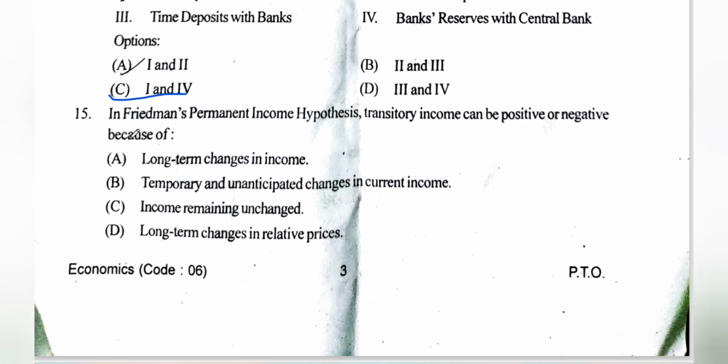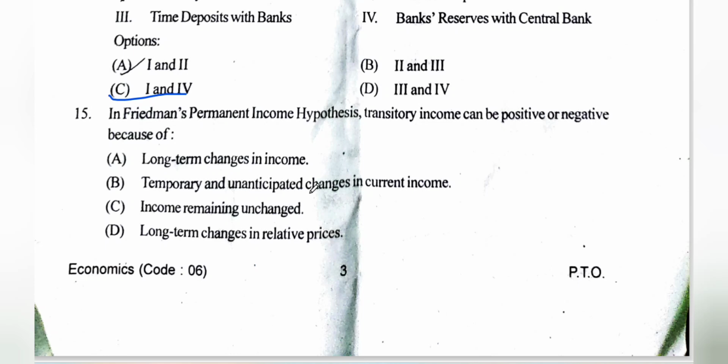Question number 15. In Friedman's permanent income hypothesis, transitory income can be positive or negative because of option A, long-term changes in income, option B, temporary and unanticipated changes in current income, option C, income remaining unchanged, option D, long-term changes in relative prices. As you know, transitory income can come from windfall gain or windfall loss and it is uncertain in nature.